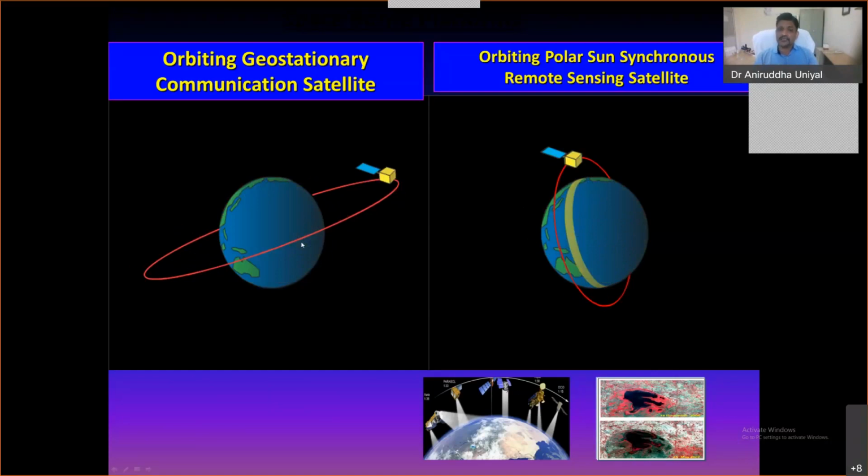These satellites are basically for passive remote sensing, and they more or less go from north to south, and except 85 degrees north to 90 degrees north, and 85 degrees south to 90 degrees south, the entire Earth can be viewed through them. And they are able to complete one revolution of Earth in about 100 to 105 minutes.